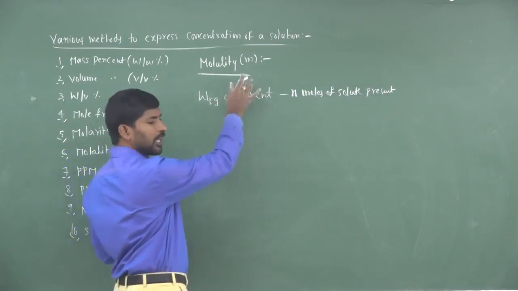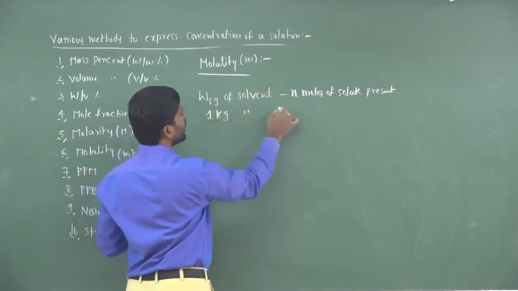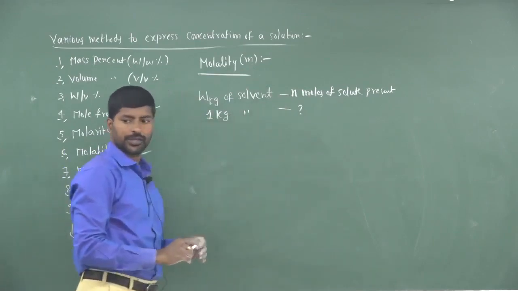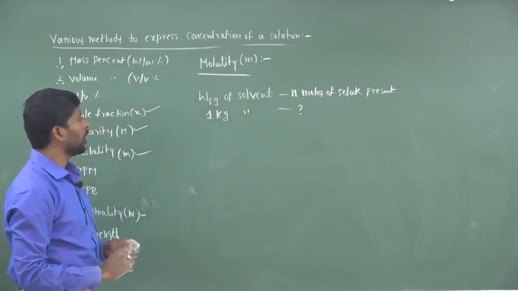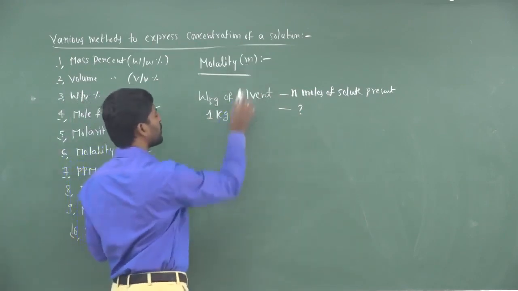Then we want to calculate for 1 kg. So in 1 kg of solvent, how many moles of solute are present? That is called molality, which is represented by small m.